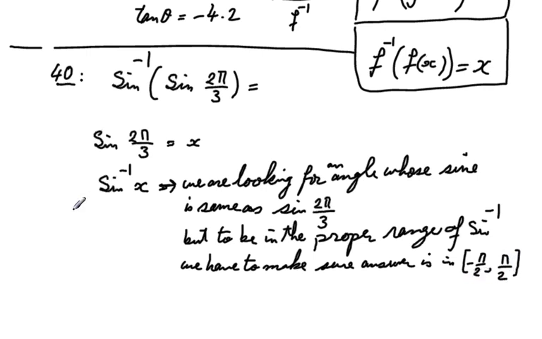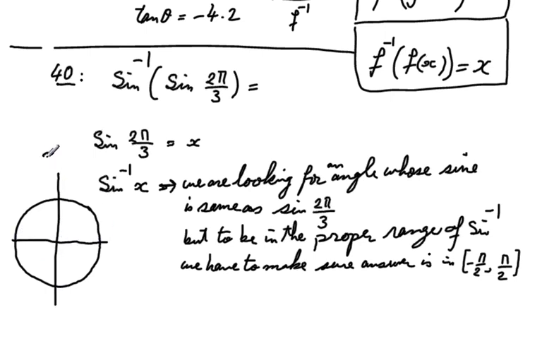So maybe a unit circle approach is going to be helpful. We said that our vertical axis is the sine axis. If I have an angle, if I want to find its sine, I look at the shadow on the vertical, see what is that shadow. That is the sine of theta.